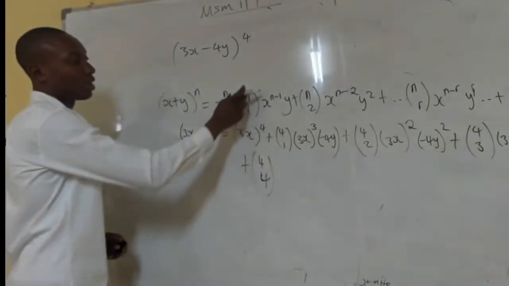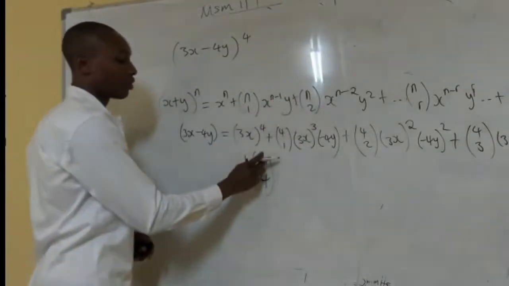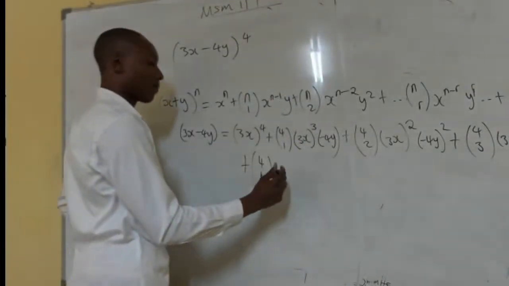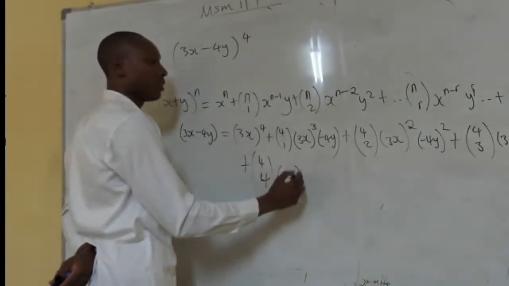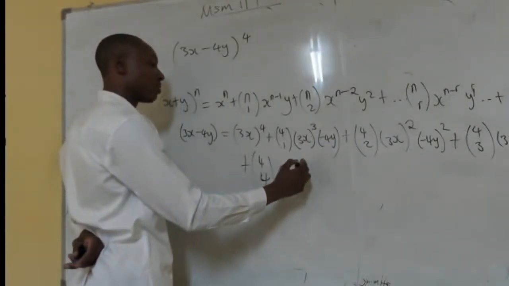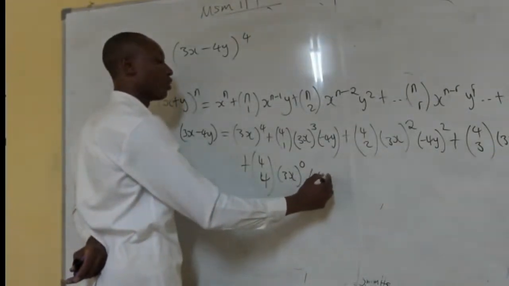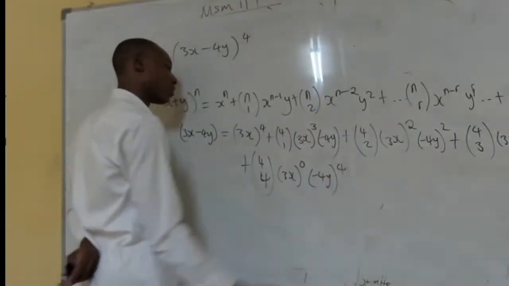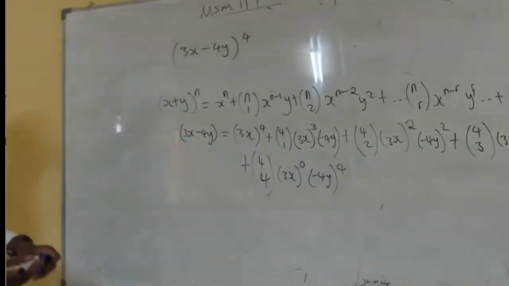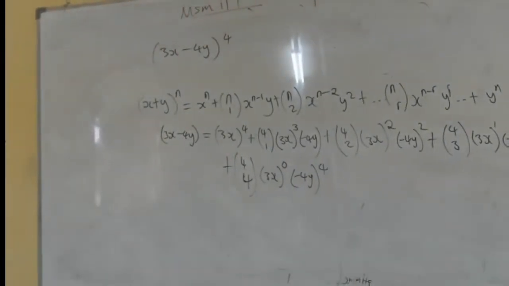I'm replacing the n with the 4. So 4 choose 4, 3x to the power 0, then you have negative 4y to the power 4. So basically speaking, that is the general expansion.